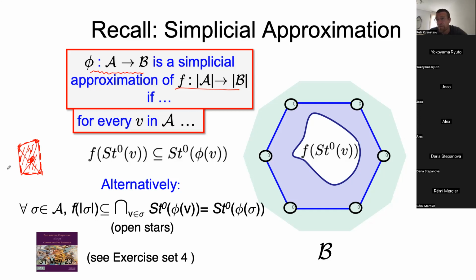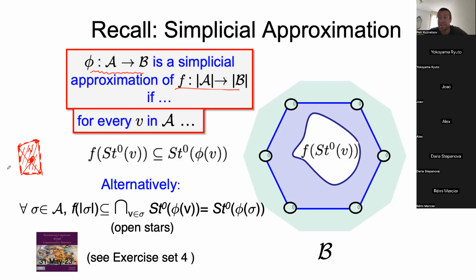This is now a well-defined thing. It's not one point anymore; it can be an interval or a triangle or a tetrahedron, etc. Apply F to it, and what I get should be a subset of the intersection of the open stars of all the images of the vertices of sigma.